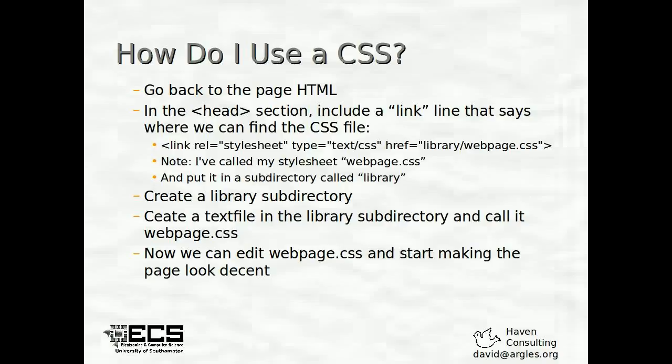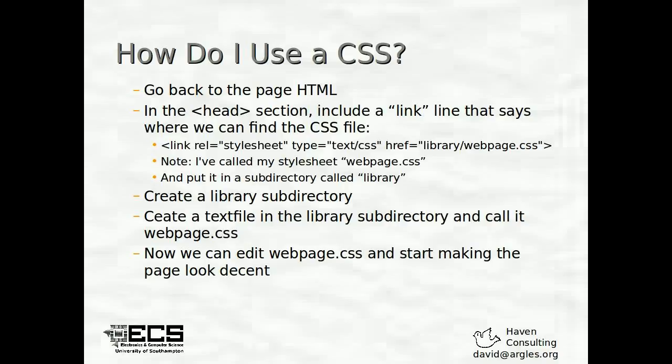So notice that I've declared that it's going to be in a subdirectory called library, because it's good to have stuff like that in a separate directory, and I've called it the library subdirectory because why not? And I've called the CSS sheet webpage.css. So having put that into our HTML and saved it, we then need to create the library subdirectory.